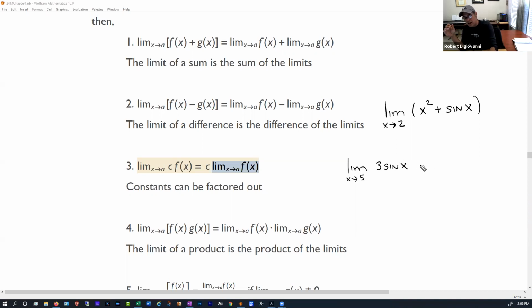This law says I can ignore the 3 and just do the limit of the sine function. Okay, so the 3 can come out here. I can figure out what this is, and once I figure out what that is, I'll multiply it times 3. So constants can be factored out. That's what this is saying. Constants can be pulled out of limits.